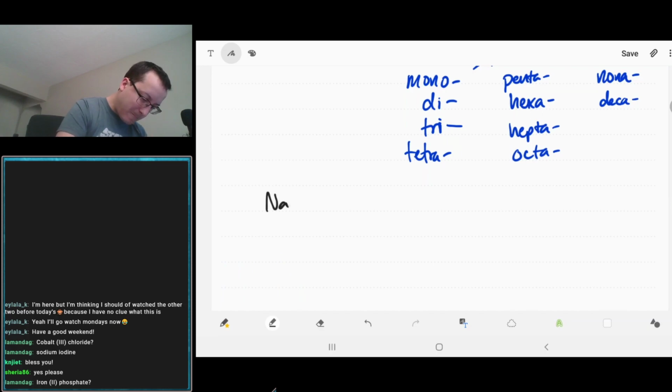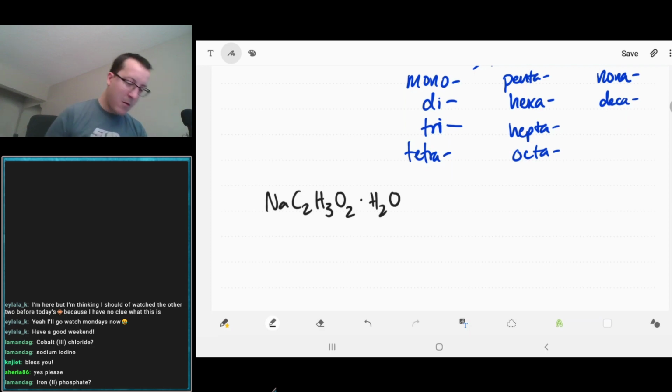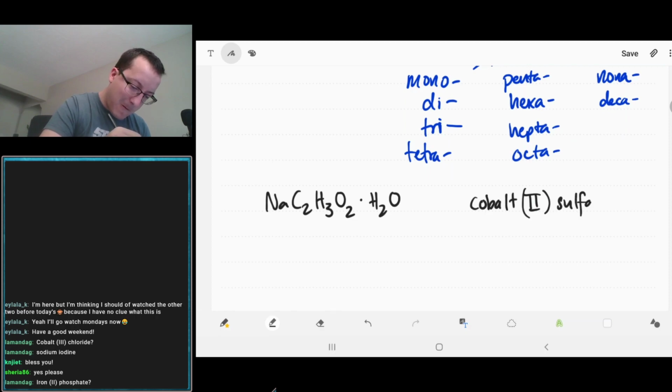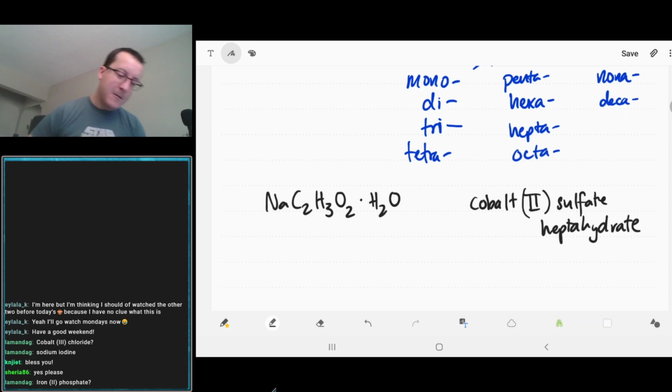So we can do this one, and let's do these two. So, in order to name hydrates, all we have to do is name the ionic compound and then put the prefix for how many waters there are.